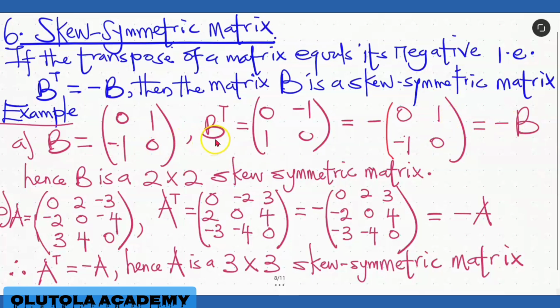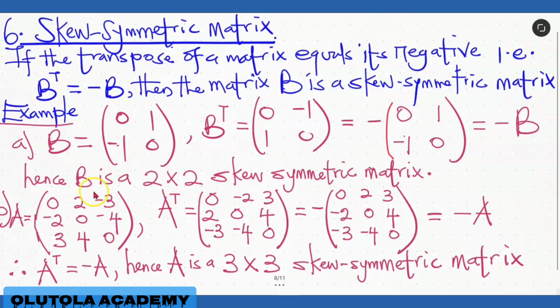So we can say that the transpose of B is equal to the negative of the given matrix B. That means B is a 2 by 2 skew-symmetric matrix.